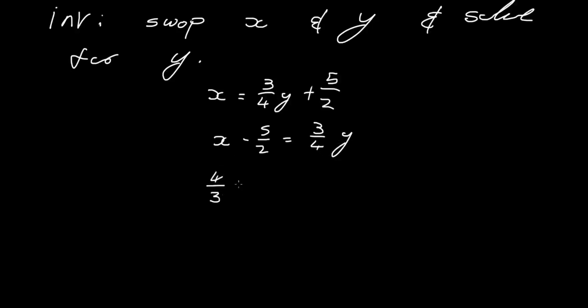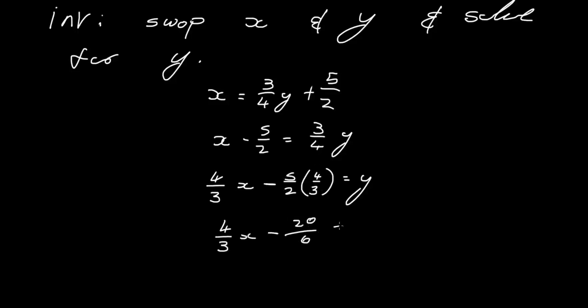So 4 over 3x minus 5 over 2 times 4 over 3 is equal to y. 4 over 3x, that is 20 over 6 minus 20 over 6 equals y.